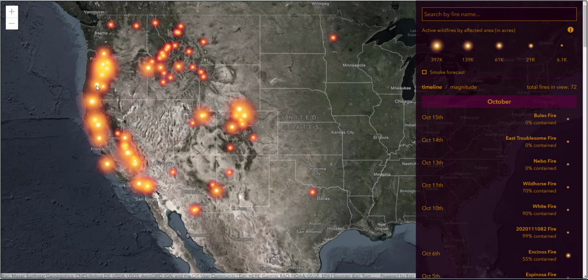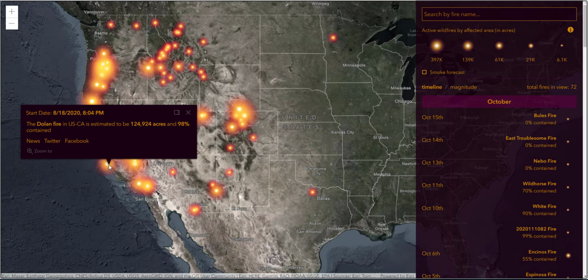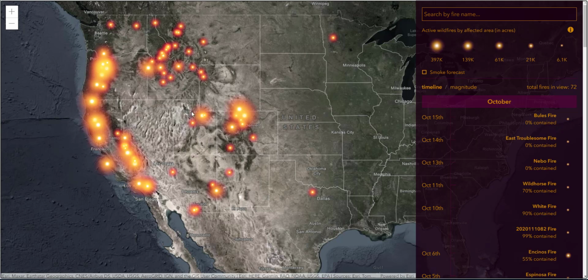But as we understand what is currently happening with our wildfires and how our natural environment is responding to these disasters, we can start to predict what might happen in the future and how we can better service these areas to protect ourselves so that we do not continue to have such terrible events happening to all of our communities.